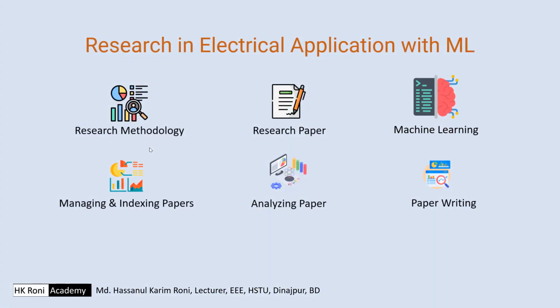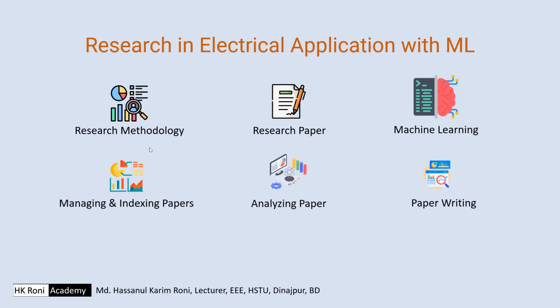After that, we'll talk about managing and indexing papers. When you are doing research, there will be many research papers we will need to download and read. Before reading or managing these papers, we need to properly organize and index them, and finally manage them properly for exclusive contents.